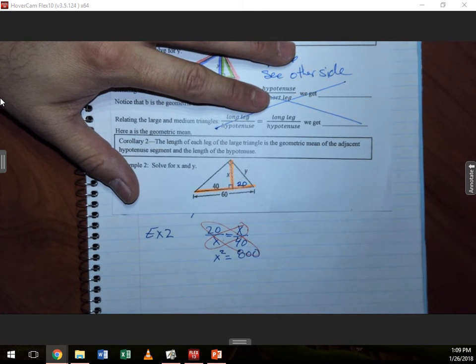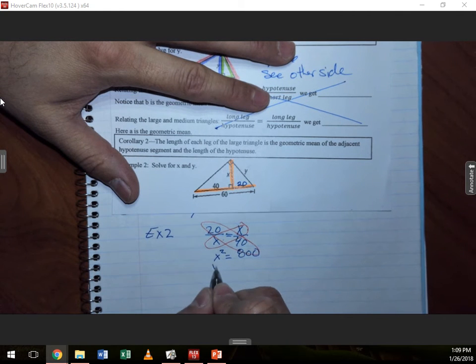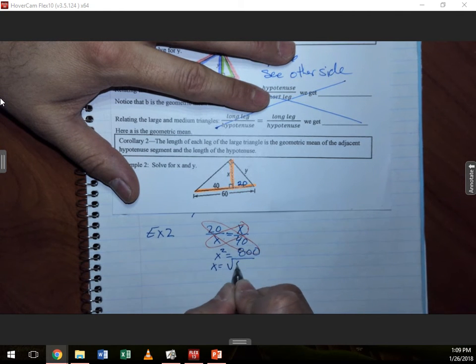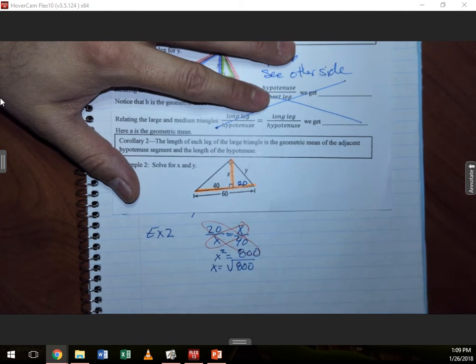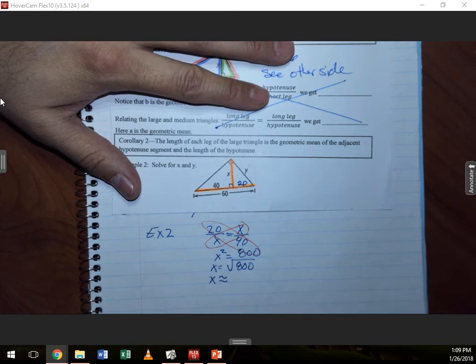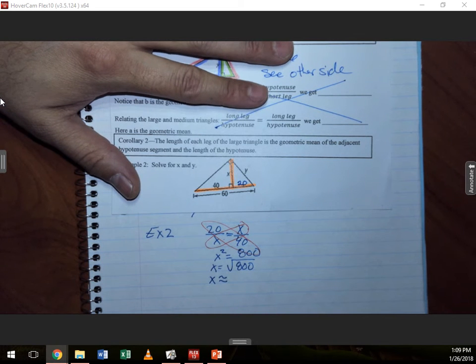To undo my square, I'm going to square root. So x equals the square root of 800. X is about, what do we get? Could you please calculate that? 28.28. So can we just say that's like 28.3?